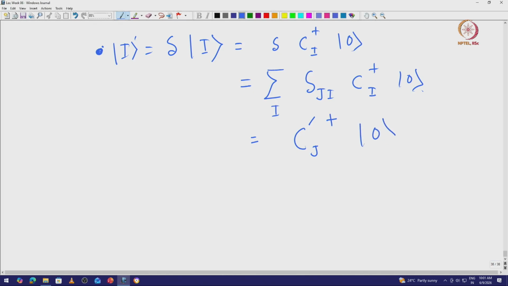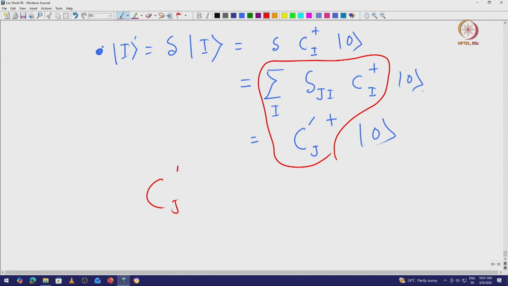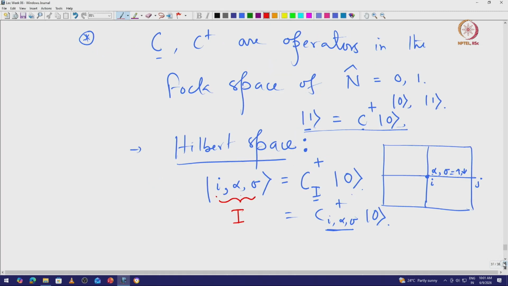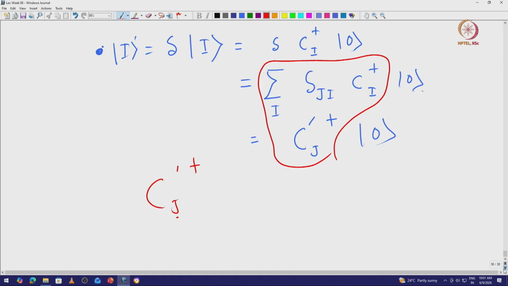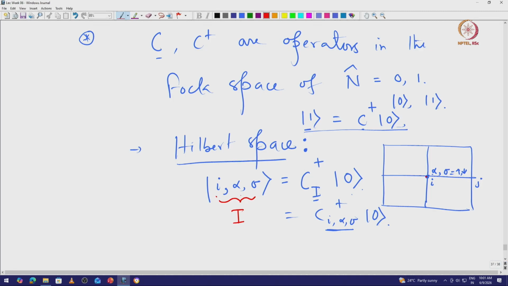operator. So you can see you get a new creation operator at J, and J consists of all the indices, and that depends on the symmetry. If the symmetry changes from site I to J under some inversion, then it will, but it does not do anything for the orbital and spin.